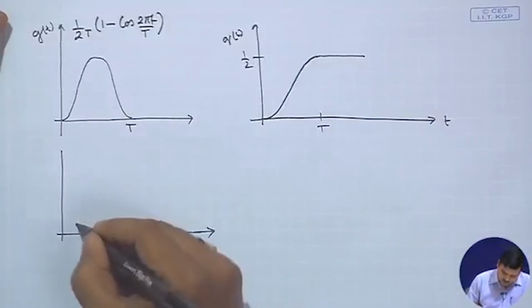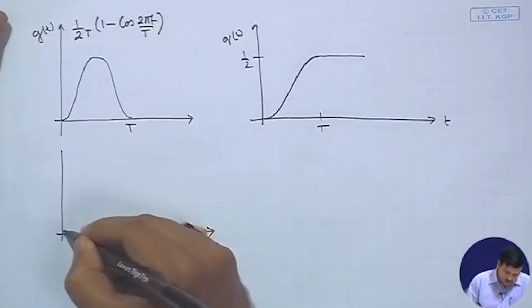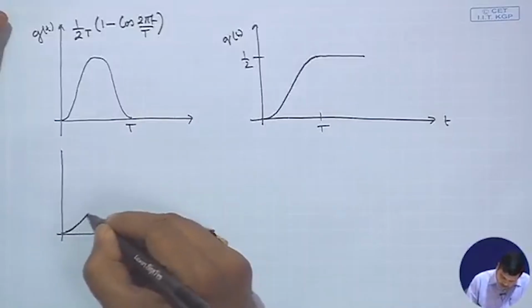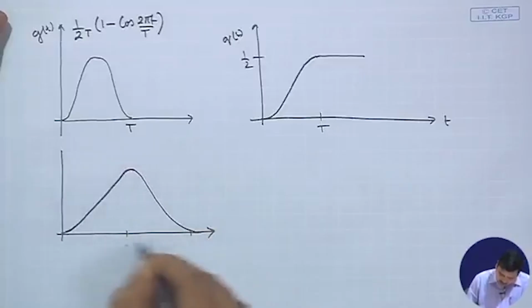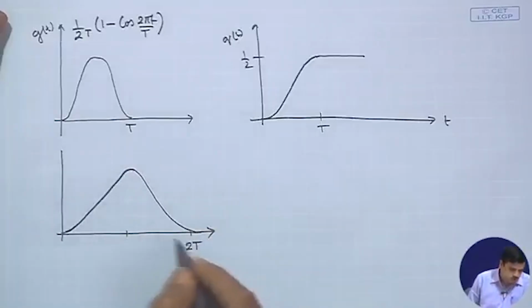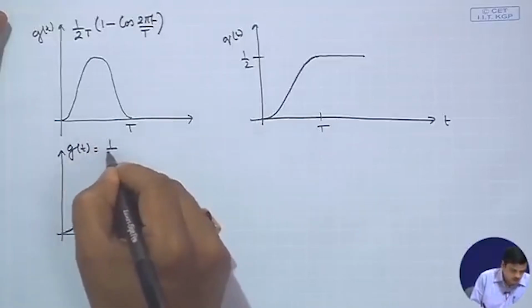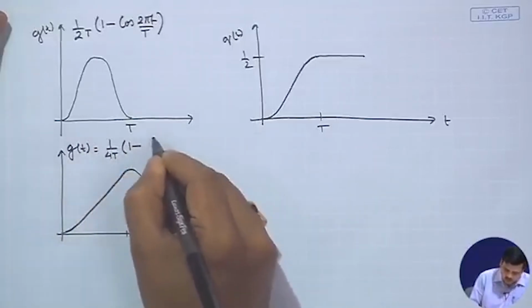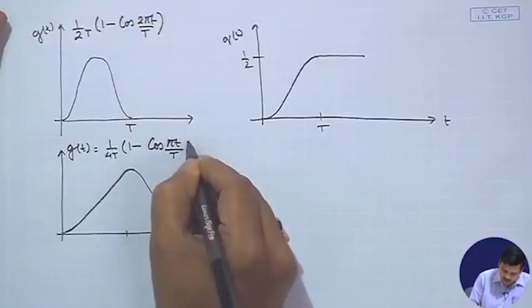And you could also have a pulse shape which goes like this and it falls over here. So, this is 2T, and your g(t) could be 1 upon 4T (1 minus cos pi t by T).